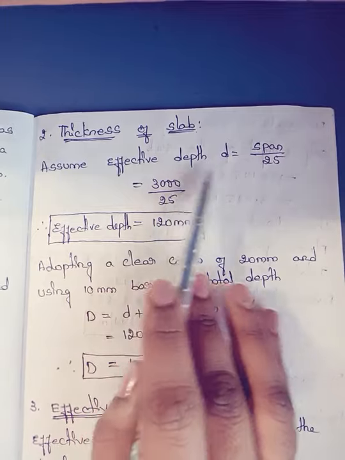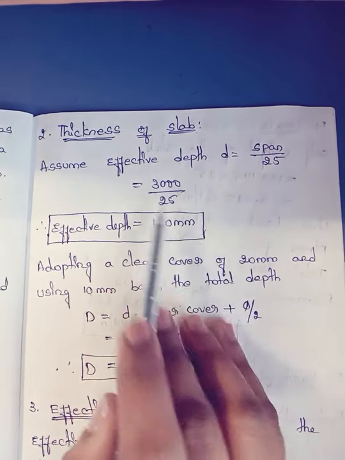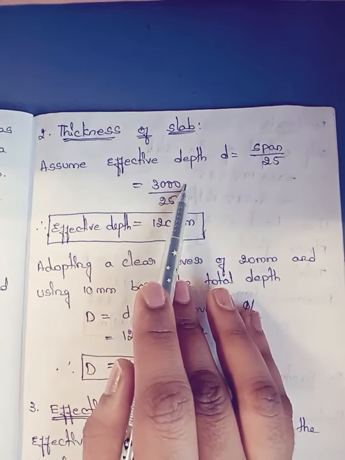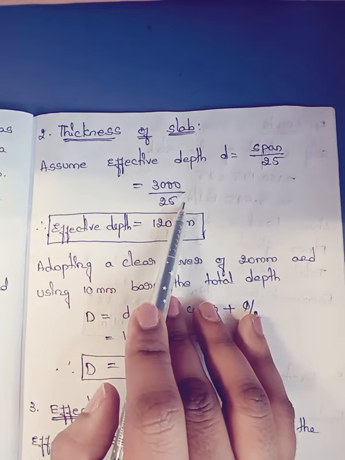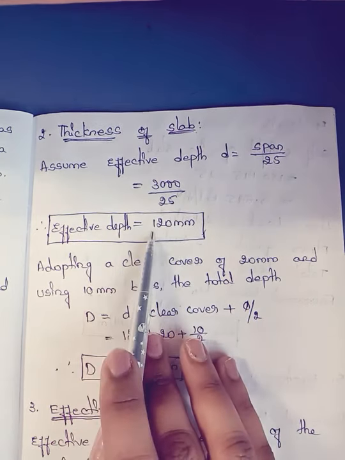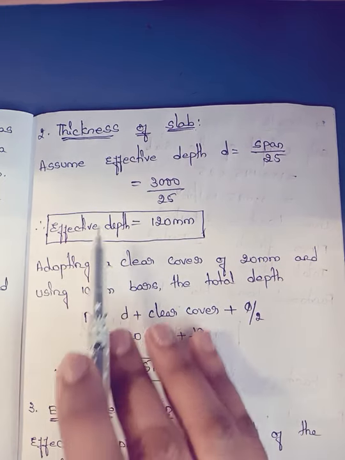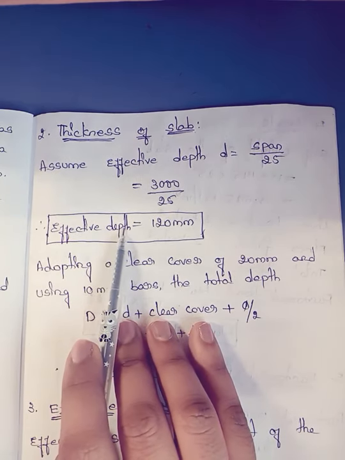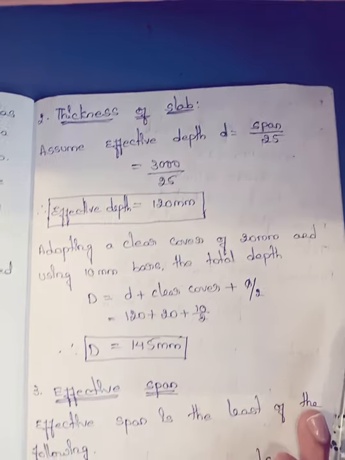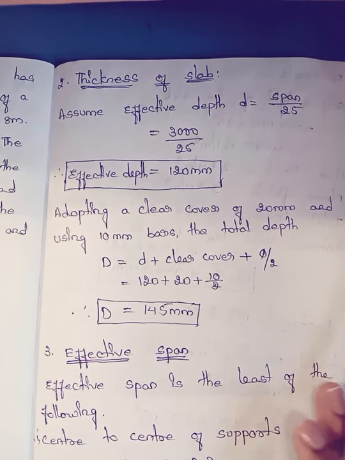Thickness of slab. Assume effective depth d is equal to span by 25, which is 3000 by 25. So effective depth is equal to 120 mm. Now we know the effective depth, and we need to calculate the overall depth.